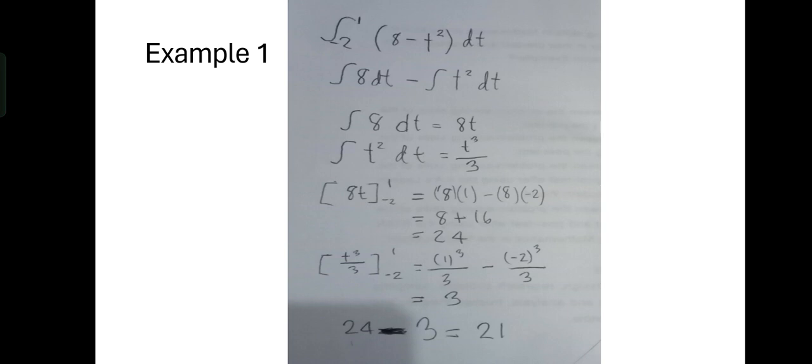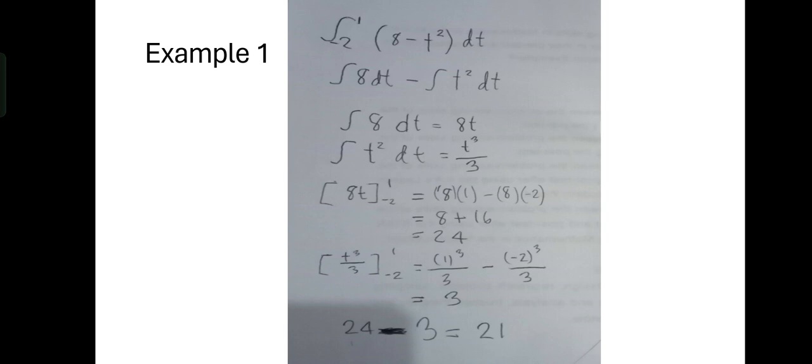So we have here 8 times 1 minus 8t, and for the t we will substitute our lower limit, which is negative 2. So we have here 8 times 1 minus 8 times negative 2.